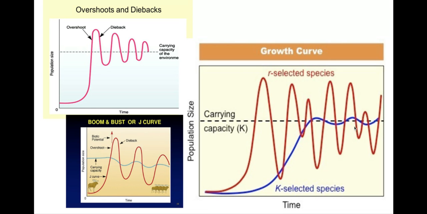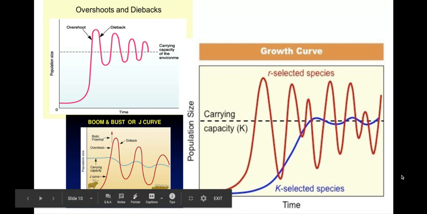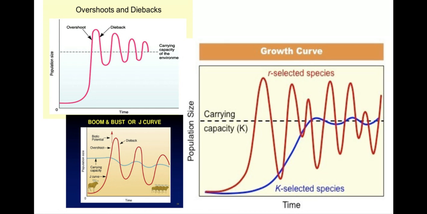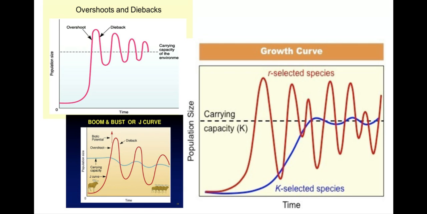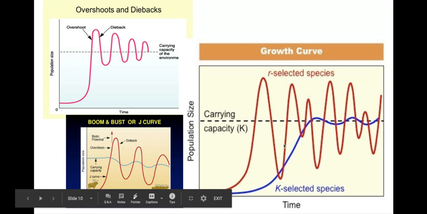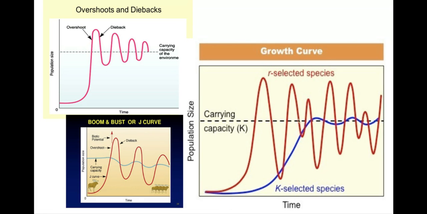I have shown you this picture in the previous presentation, representing the R-selected species, like grasslands, right? Grasslands have grasses that can take over a very vast area in a very short amount of time, and then they die. And then in a different season, they grow back again and so on.